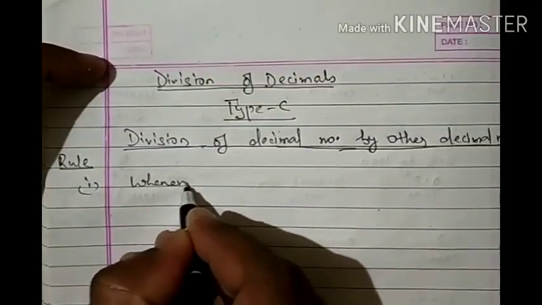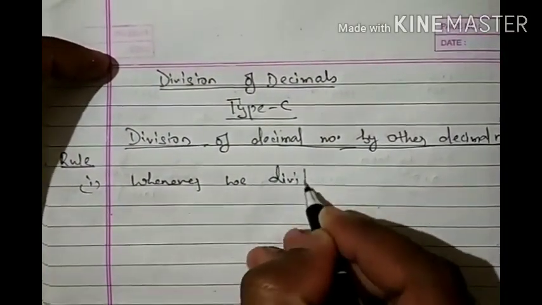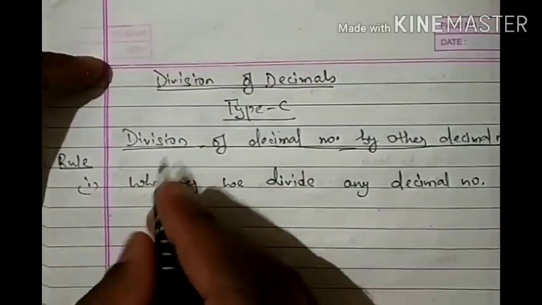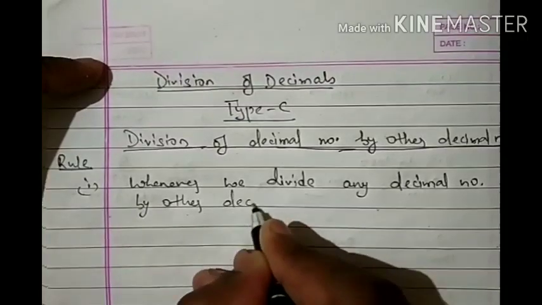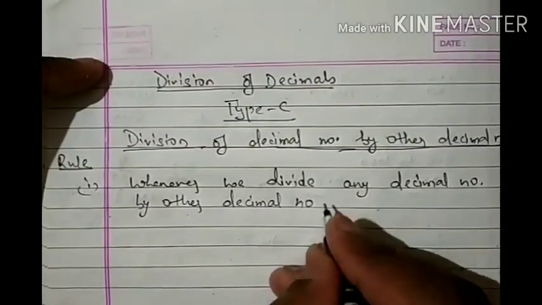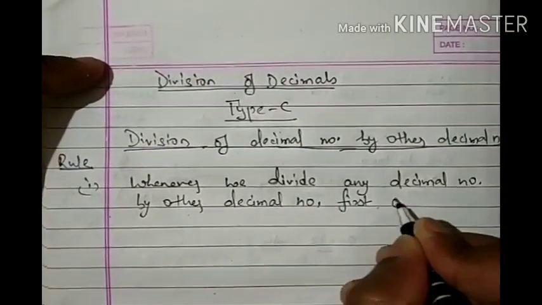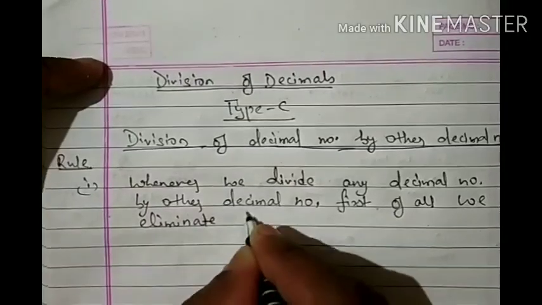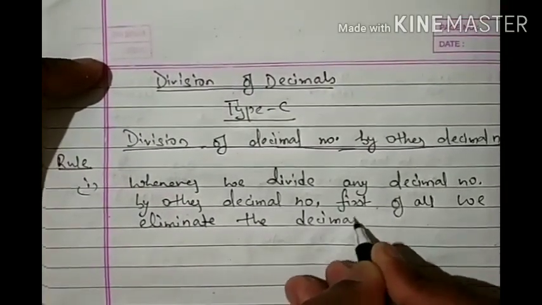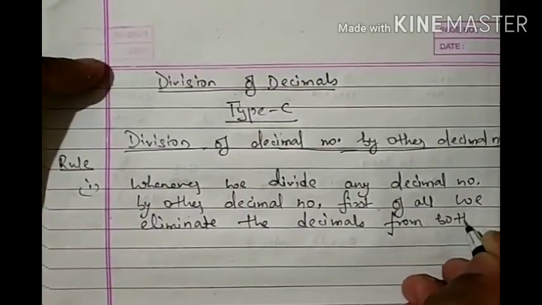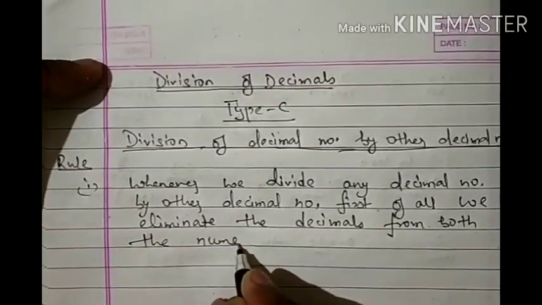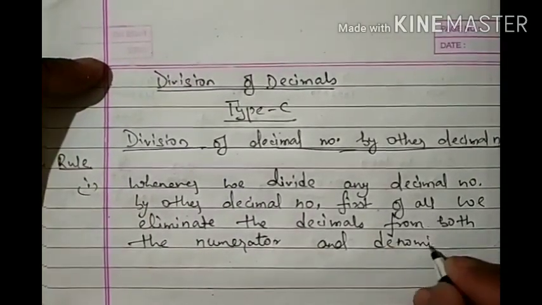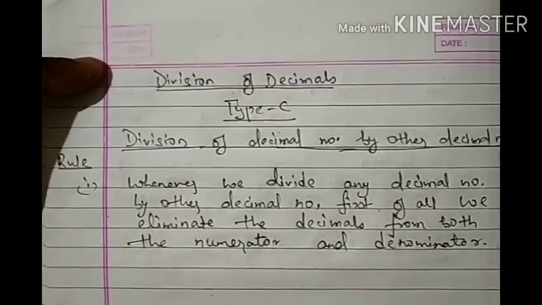Whenever we divide any decimal number by other decimal number, first of all, we eliminate the decimals from both the numerator and denominator. This is our rule 1.